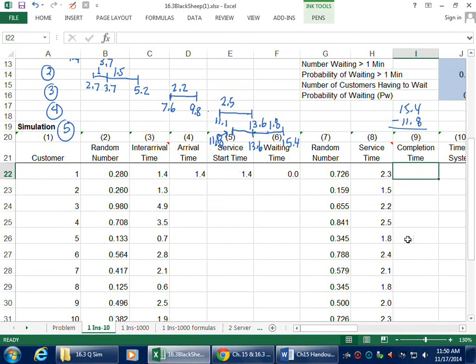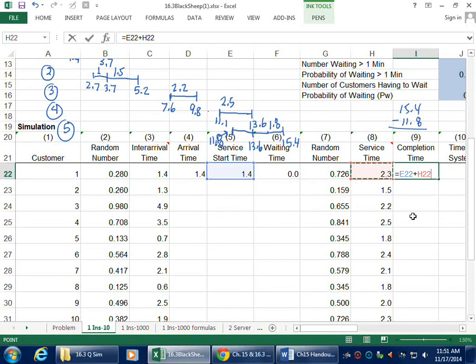Now the completion time is the service start time plus the service time, like we've been doing here.